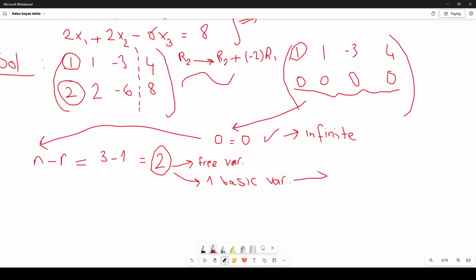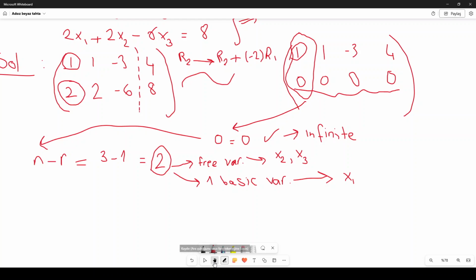As you remember, the basic variable is the variable that corresponds to the basic column, and in our case we have 1 basic column, because we have only 1 pivotal position. Our basic variable is x1, whereas our 2 free variables are x2 and x3. We all remember that, all right?